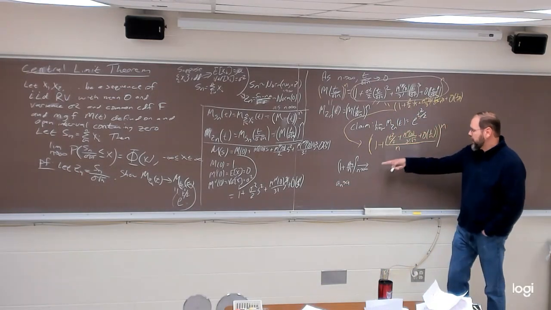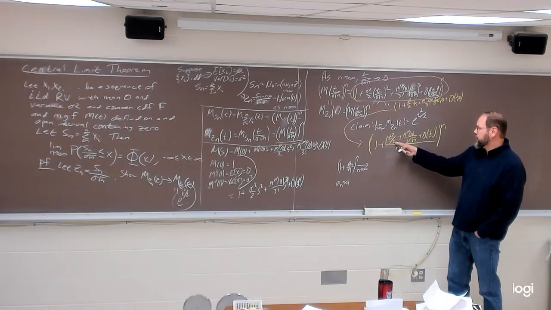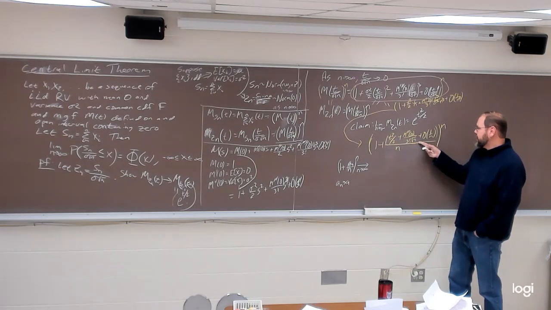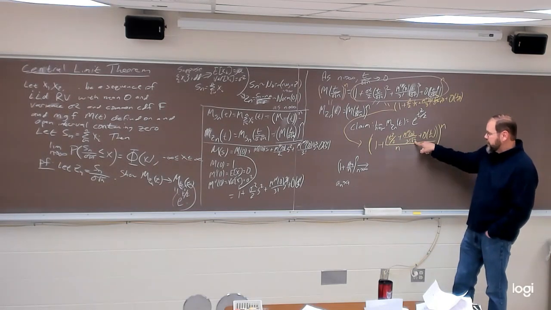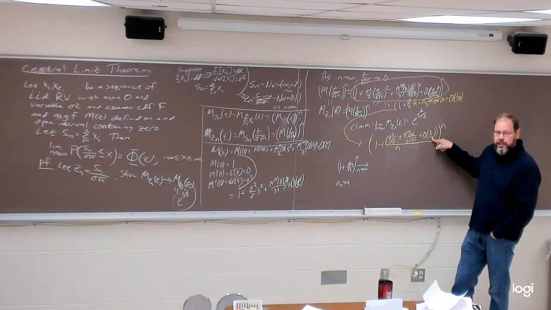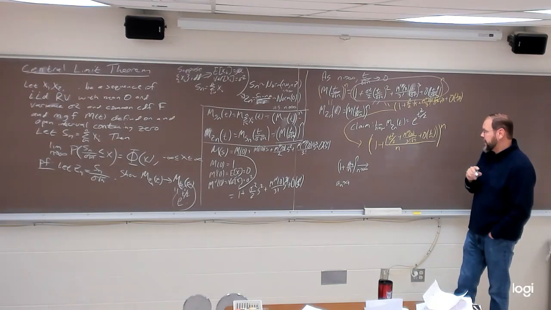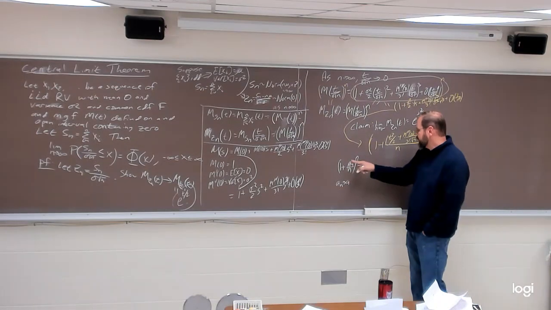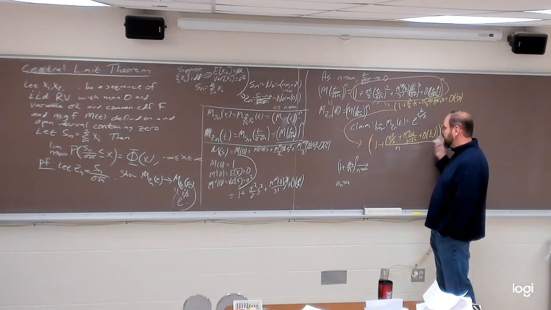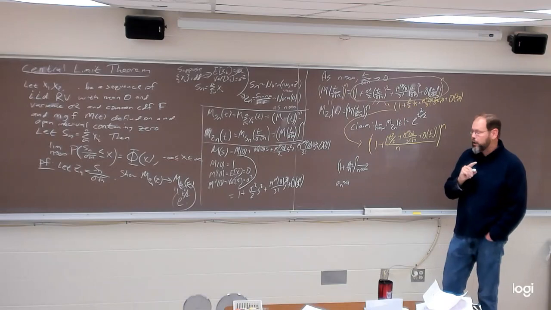Because as n goes off to infinity, this is t squared over 2 plus this thing will be getting closer to 0 because there's something in the denominator going off to infinity. And of course, all these things are going to go to 0 because there are things in the denominator that are going off to infinity. And so I have this thing getting closer and closer and closer to t squared over 2.